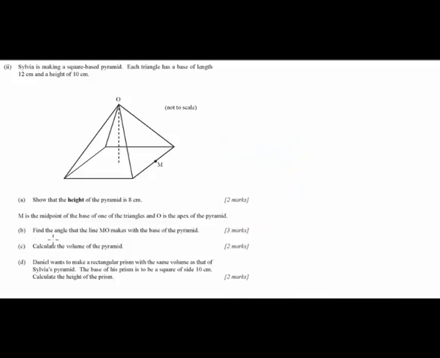Okay, now we're ready to answer part B, which is find the angle that MO makes with the base of the pyramid. And so the first thing we need to do is sort of draw where we're talking about. And so I have the line MO, and then the angle it's making with the base of the pyramid.